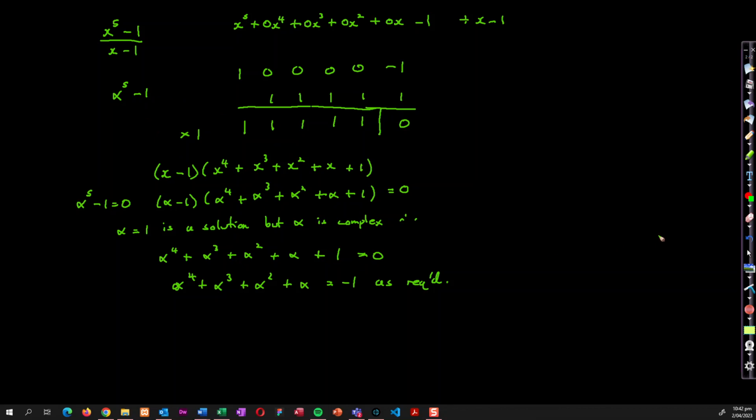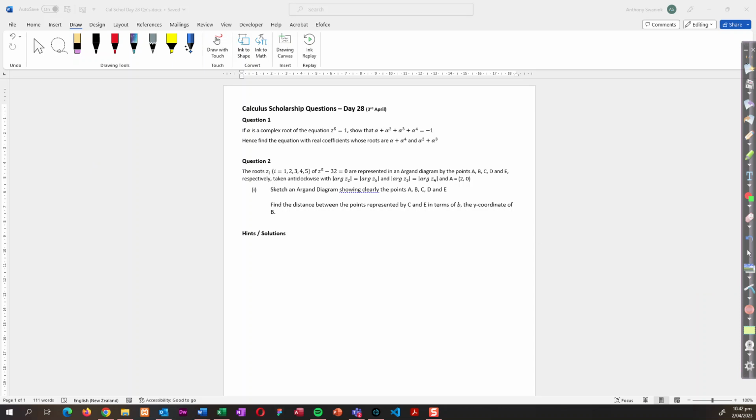Now, the other part of this question is hence find the equation with real coefficients. Once again, I'll give you a bit of a hint here. I want you to have a go. You've got two roots here. Now, what type of equation has two roots?